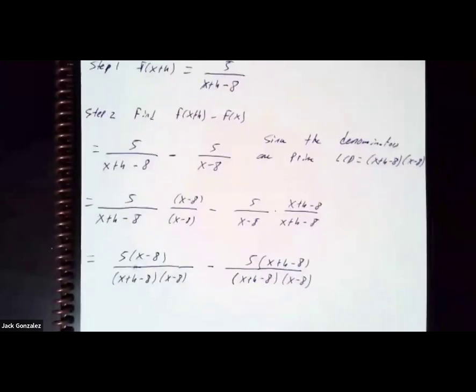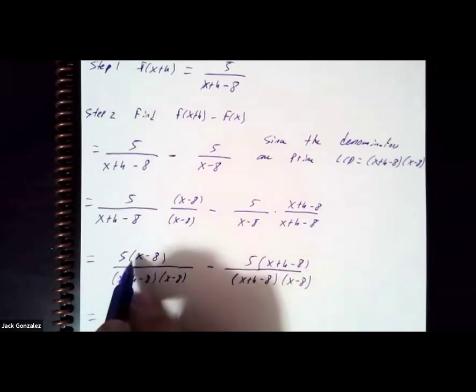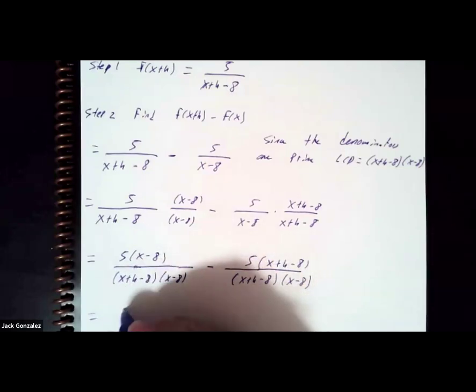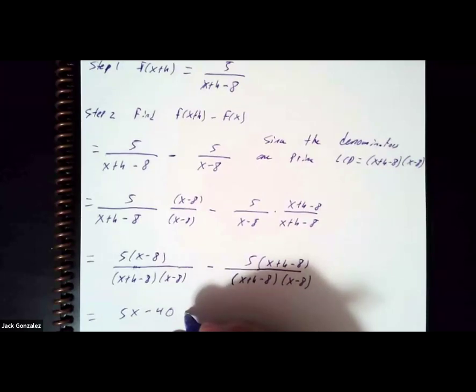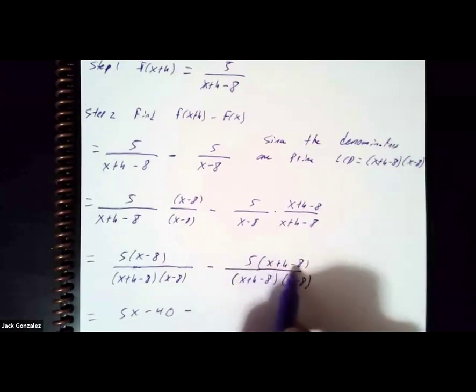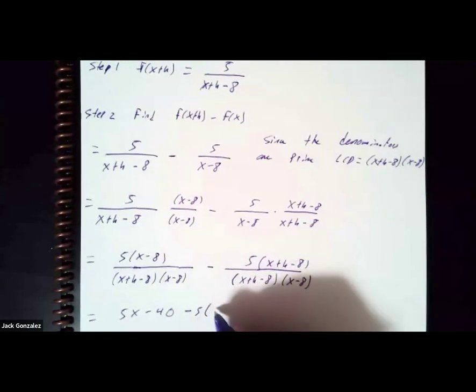I'll write them the same just so it's clear. I'm just going to call this LCD because this is annoying to write. So distribute your 5: 5x minus 40, minus all of these terms.